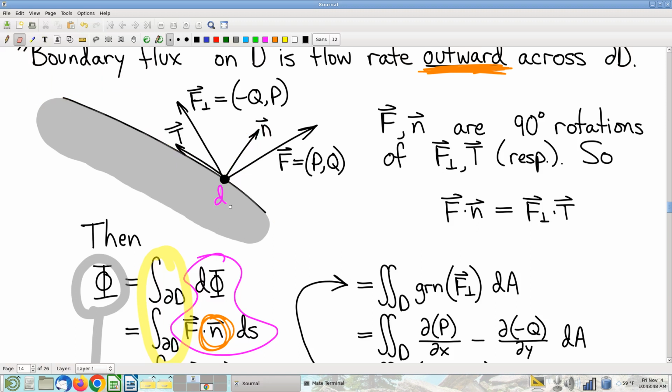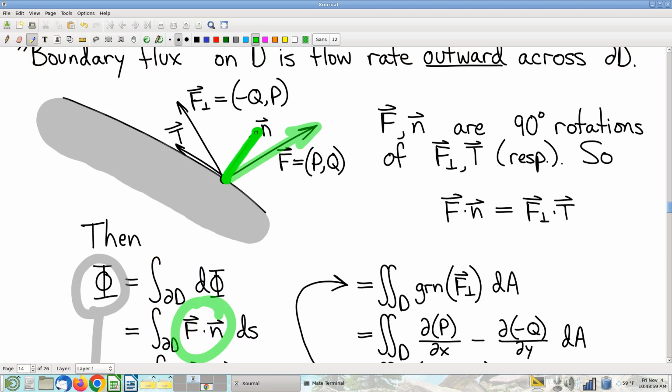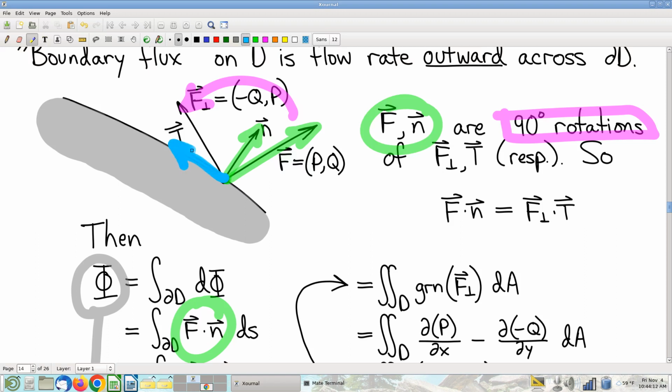So there's a great little trick, great little move for dealing with this, and that is to point out that these two vectors, F and n, if we were to rotate them 90 degrees counterclockwise, well then I would get these two vectors I'm going to call F perp and T. Well, T, because it is, right, normal vector, you rotate it counterclockwise, you get tangent vector.